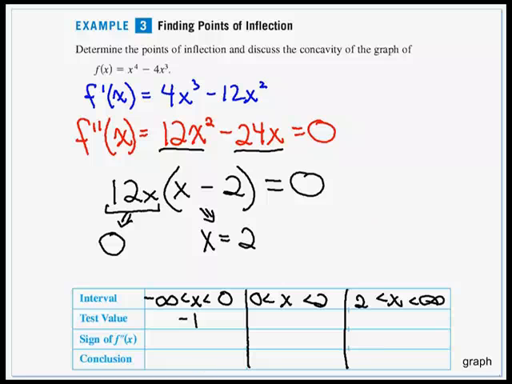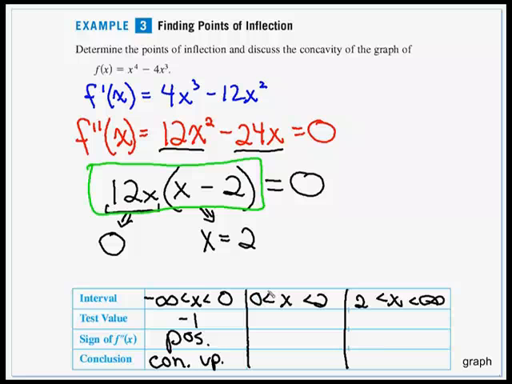I like to plug it in here, because we have two factors that we're multiplying. If I plug negative 1 into the first factor, I get 12 times a negative number, which is negative. And in the parentheses, negative 1 minus 2 is negative 3. So I get negative times negative, which is positive.